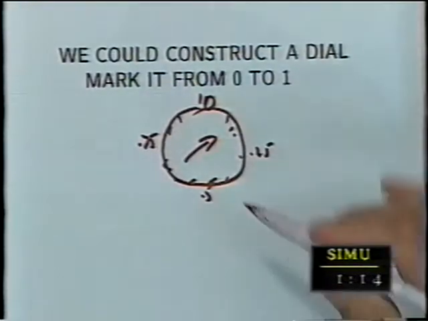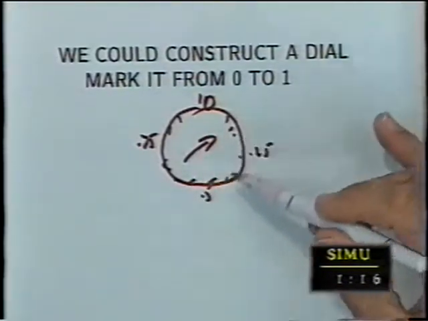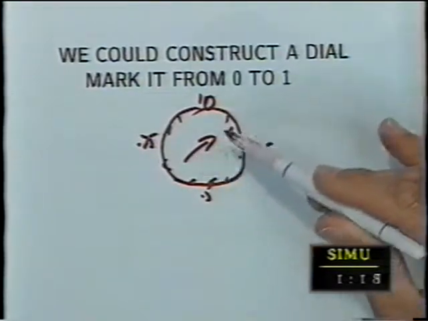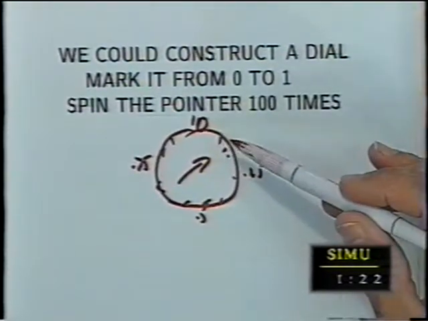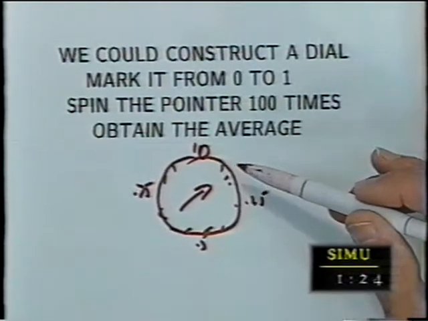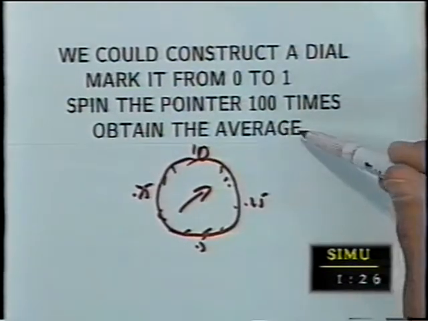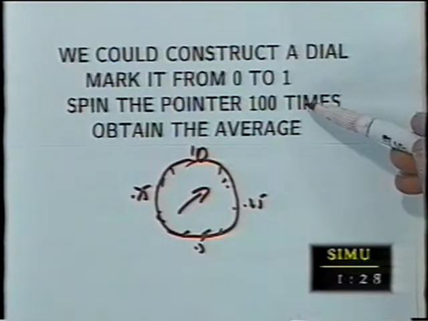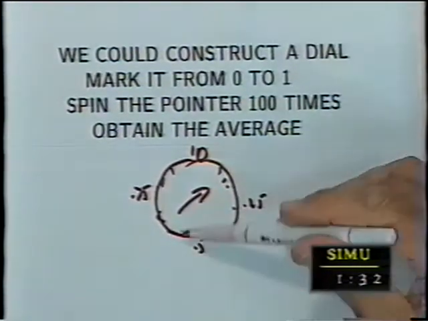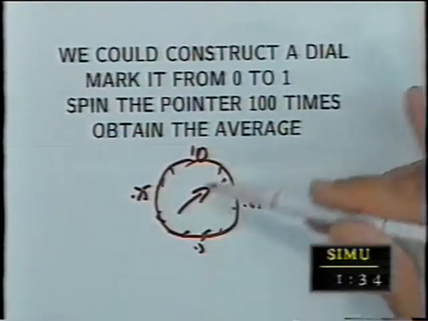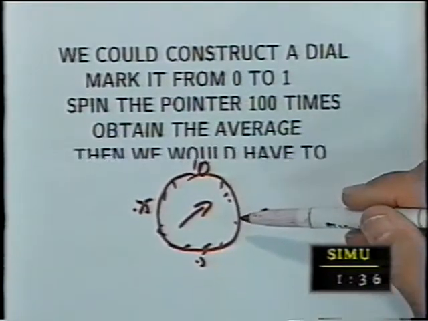If we do that, and it's a uniform dial, then the numbers we get will be uniformly distributed from 0 to 1. If we spin the pointer 100 times, we get ourselves an average of 100 uniform 0, 1 numbers. So that doesn't sound too hard. Construct a dial, spin it 100 times, and take an average of those 100 numbers.